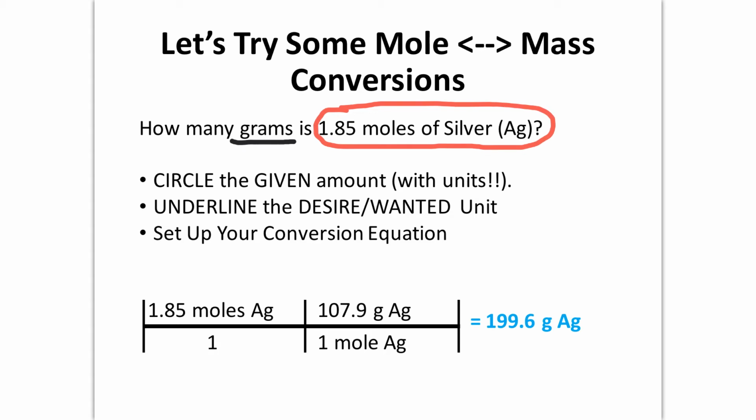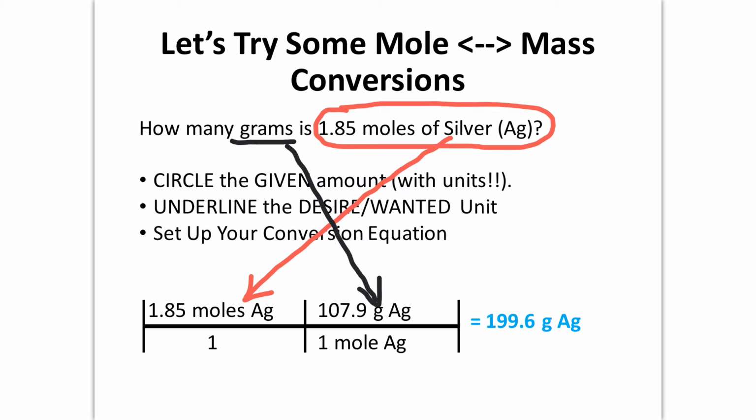Now we set up our equation. We put the number that we're given here and put it over 1. And then the units that we're trying to find, grams, go here. Now, we have to have a grams to mole conversion.